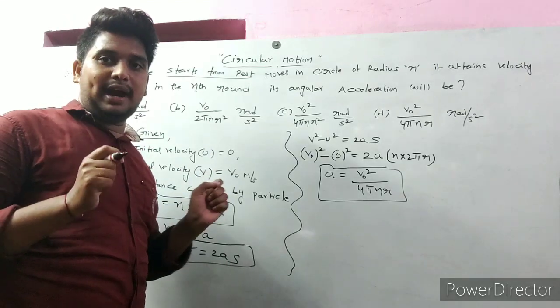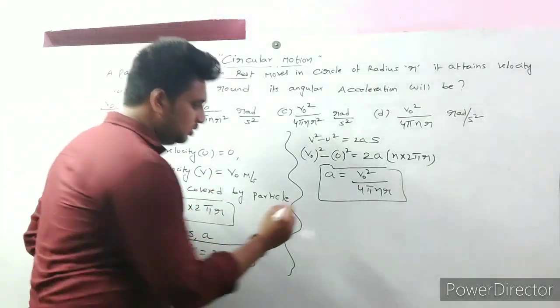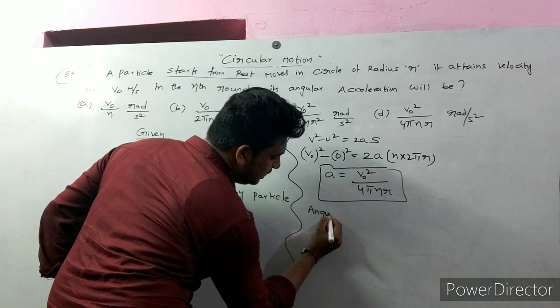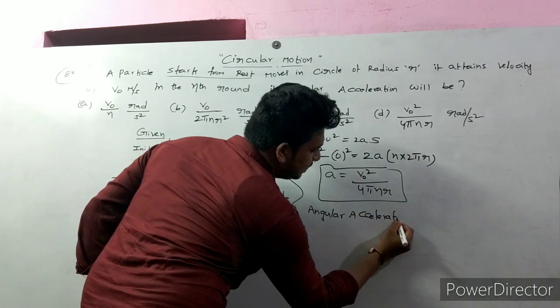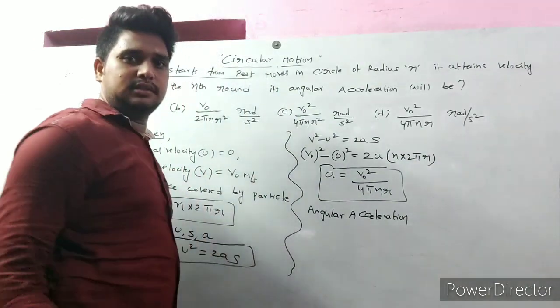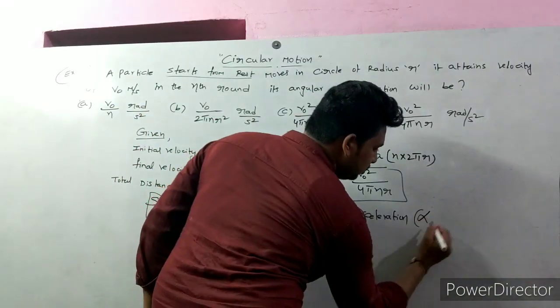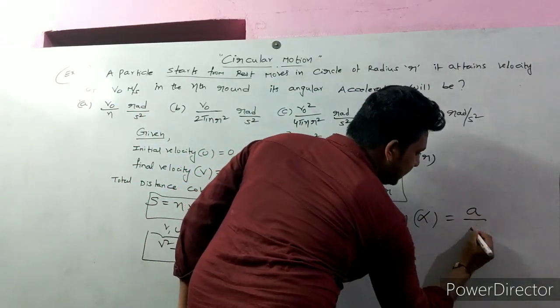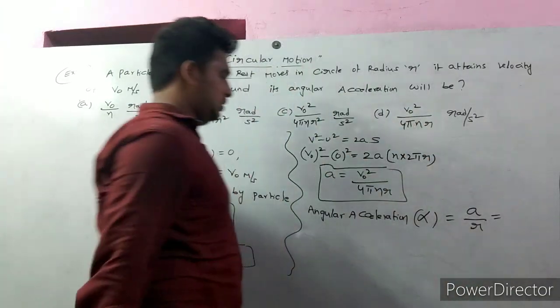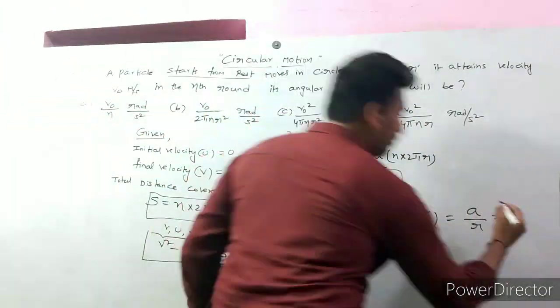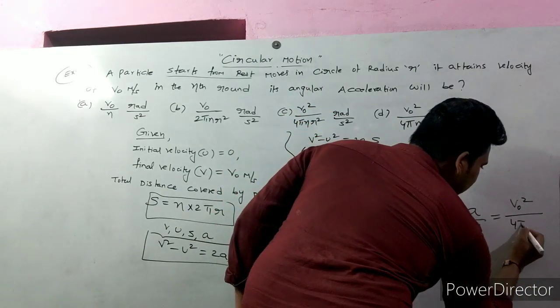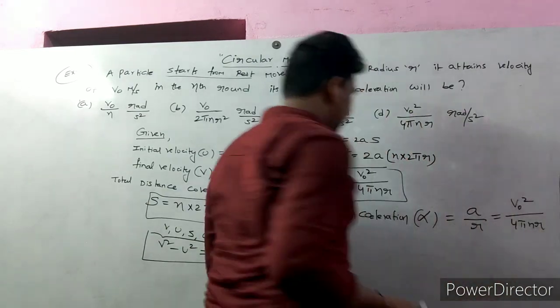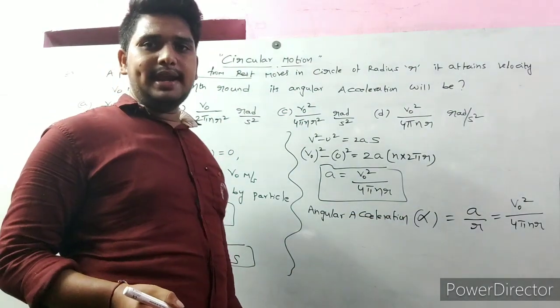We want to find the angular acceleration. So angular acceleration alpha is equal to the formula a by r. What is a here? v naught squared by 4 pi n r, again divided by r.